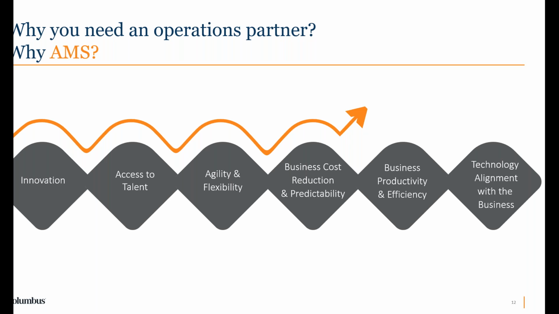And with the increasing cloud component, the complexity of your solutions, or how much more you want to do, it's having access to all those skills and being flexible to not use that skill or this skill is really a huge benefit on why an operations partner or an AMS service provider would be beneficial.